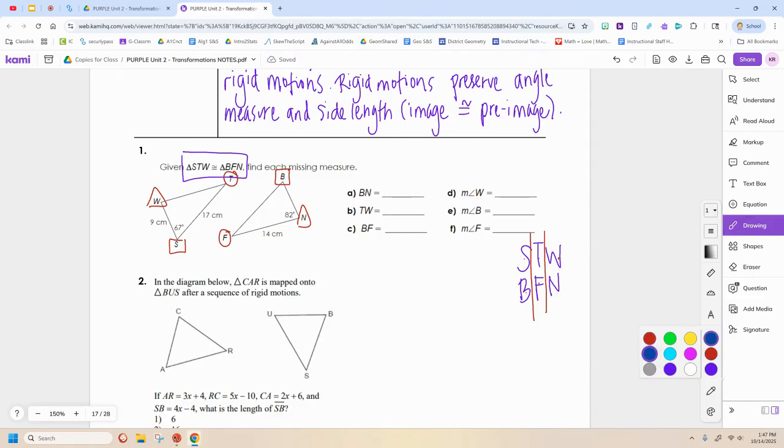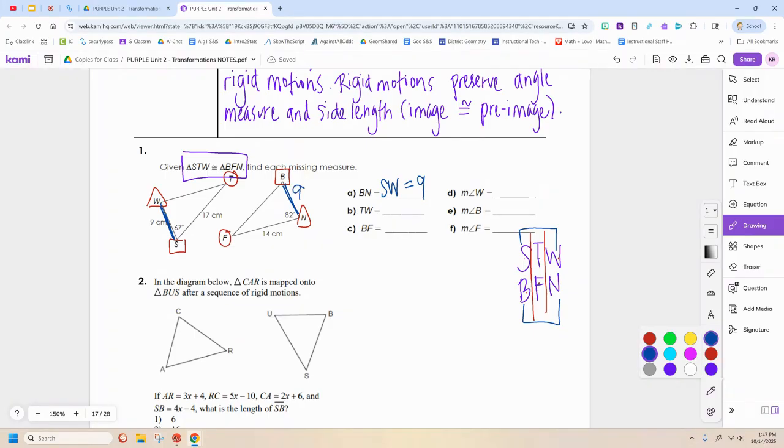Because then it's easy to see that BN corresponds with SW, or BN square to triangle, SW square to triangle. So if BN is the same as SW, well, SW is 9, so BN must be 9.